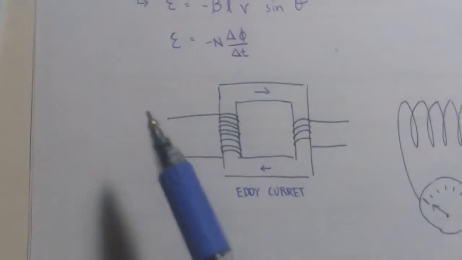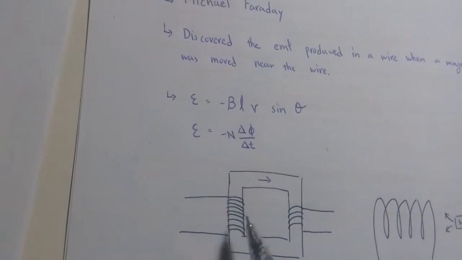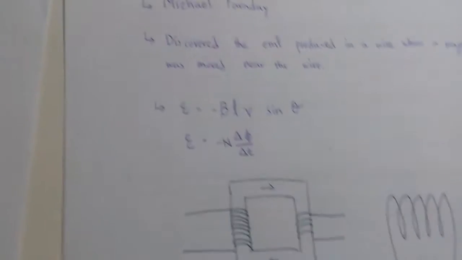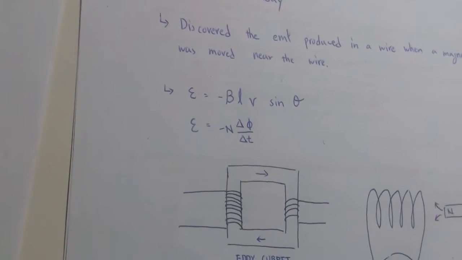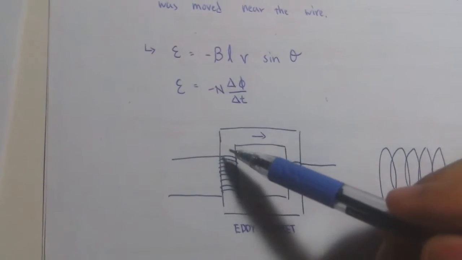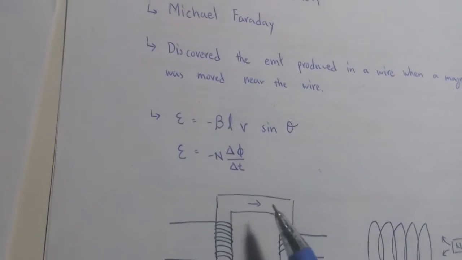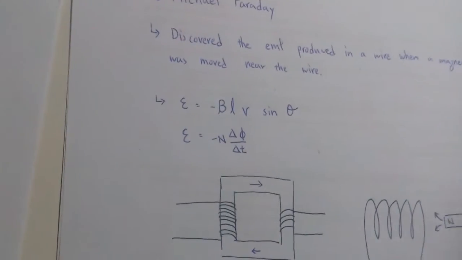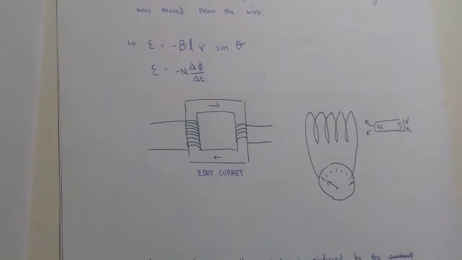For this one, when current passes through this wire, this coil, we can say the current produces a magnetic field inside here. Therefore, magnetic flux is flowing through this iron core, which is induced by the magnetic field from the wire.